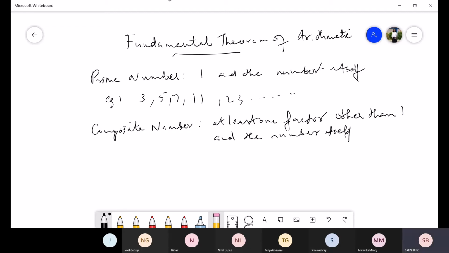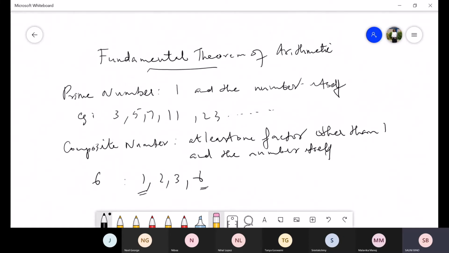For example, if I take 6, I can write 1 will be the factor, 2 is there, 3 is there and 6 is there. So we can see that 1 and the number itself and other 2 factors are also there, 2 and 3. So we can call it a composite number.